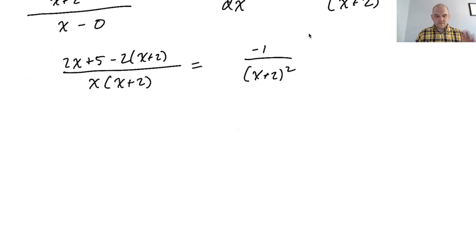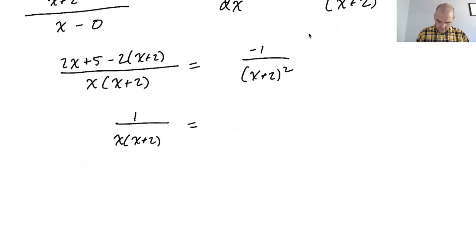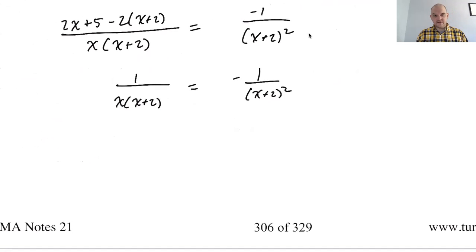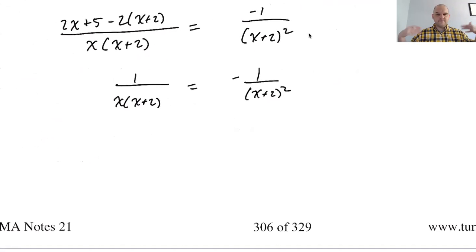So the left-hand side, 2x plus 5 minus 2x minus 4, is actually just 1 over x plus 2, equals negative 1 over (x plus 2) squared. So how can we solve this? Take reciprocals, move everything to one side.